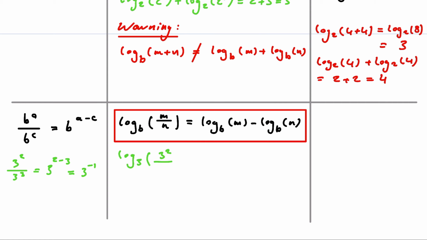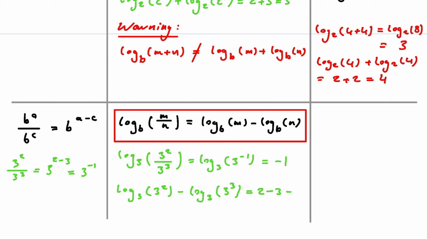I'm doing it base 3 because it's the most simple. Well, this now is log 3 of 3 to the minus 1. And by definition, that's just equal to minus 1. But if I had done log to the base 3 of 3 squared minus log to the base 3 of 3 cubed, that becomes 2 minus 3. That's minus 1. Perfect. They're equal to each other. Excellent.